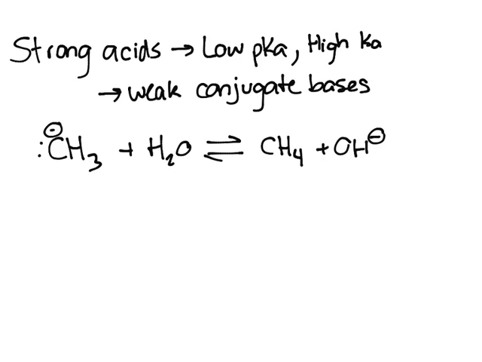So you have CH3 minus as a base, water acts as an acid, and then CH4 is a conjugate acid of CH3 minus, and OH minus is a conjugate base of H2O. So essentially on each side of the equilibrium arrow you have a base and an acid. And the thing that acts as a base on the other side of the arrow becomes a conjugate acid. And so strong acids have weak conjugate bases.